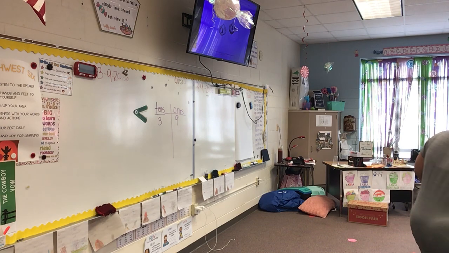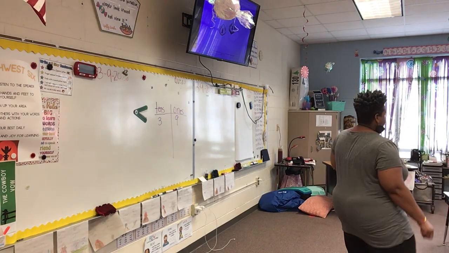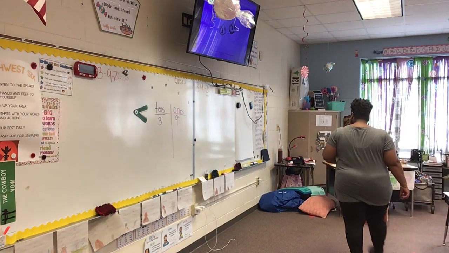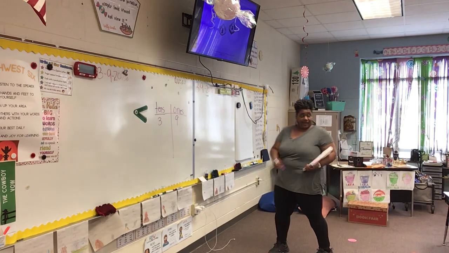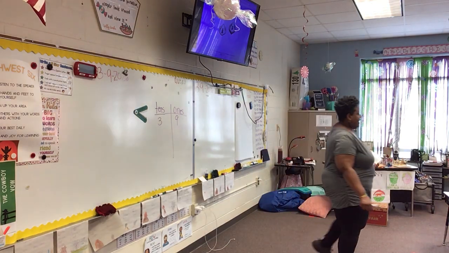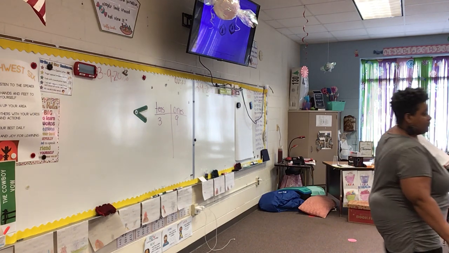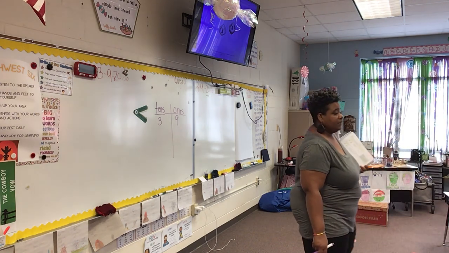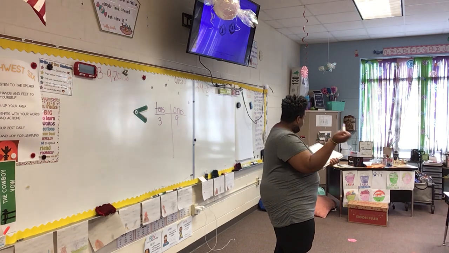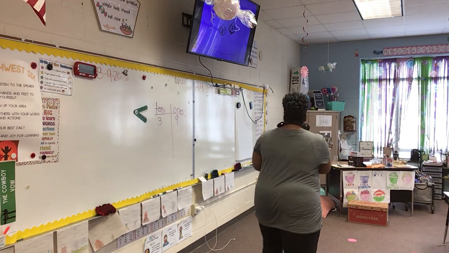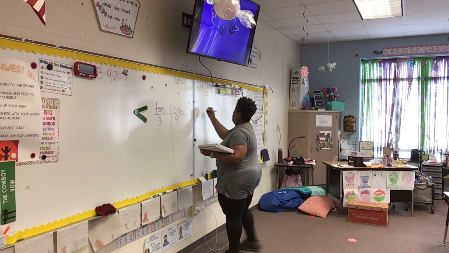You have 39. Now I need a drawing to match that. When you have it, give me a thumbs up. Okay? Very good. Now, in the second block, I want you to write the other way that we were talking about.